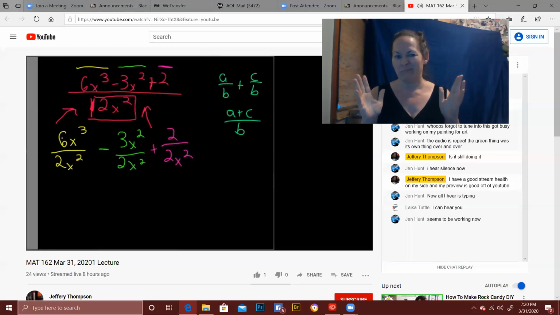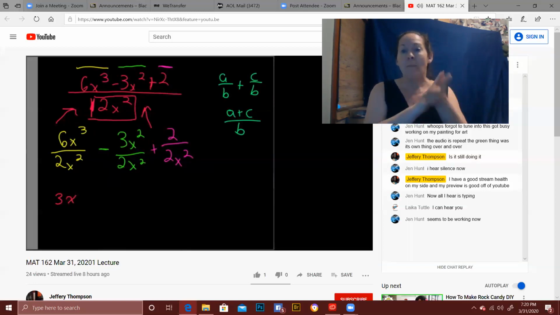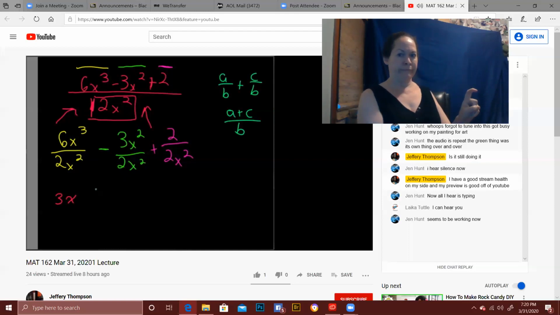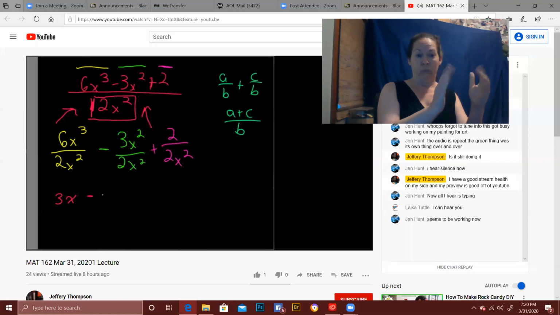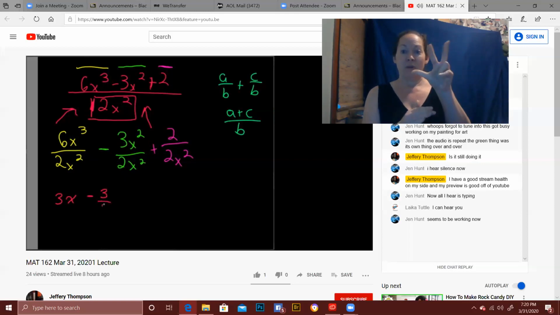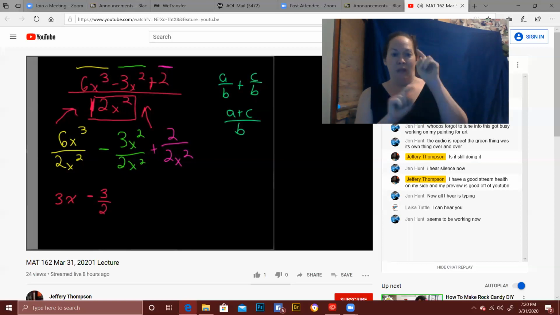So here, 6 divided by 2 is 3. Then x cubed divided by x squared is x. I'm simplifying each fractional term on its own. 3 divided by 2 is 3 halves. Right? x squared over x squared is 1, so I'm left with an x half, 3 halves on its own.